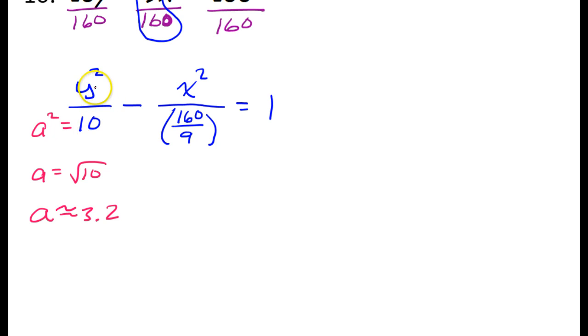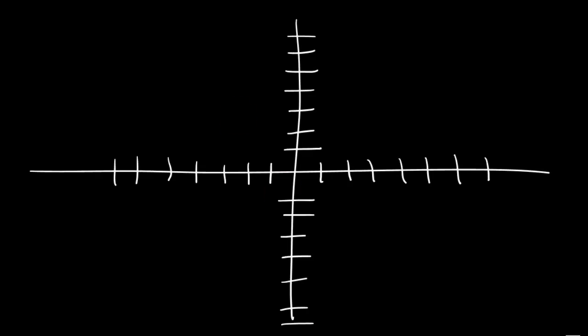So this 10 is with the y term, which means I will do my 3.2 plus or minus 3.2 in the y direction. To the sketch. Okay, 1 to 3.2 in the y direction. So these are my vertices. And this really is radical 10 and negative radical 10, just in case I need that later.